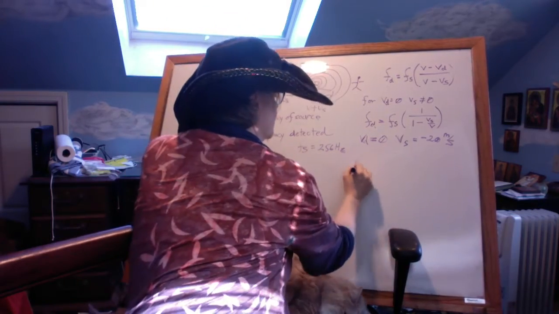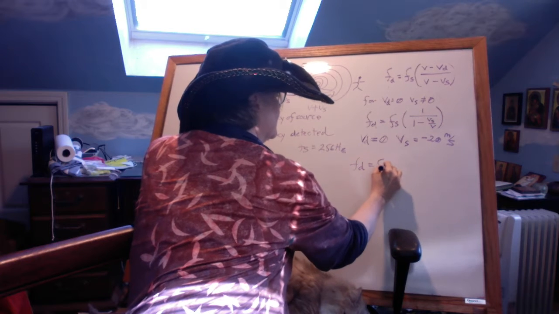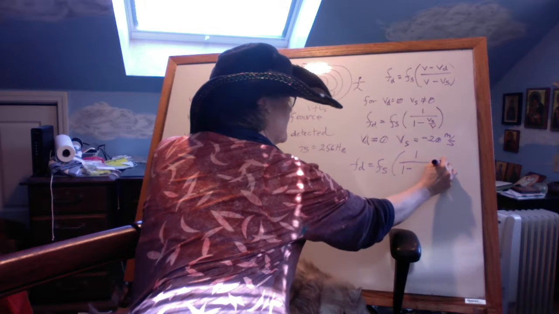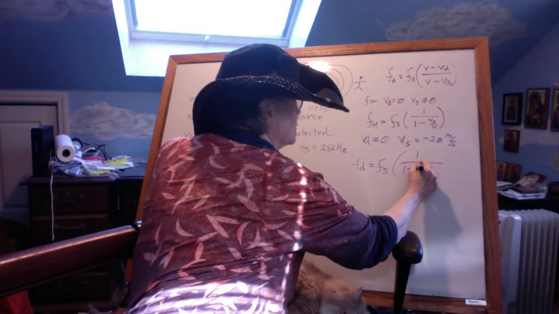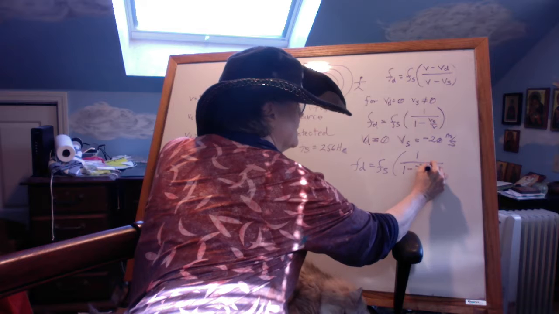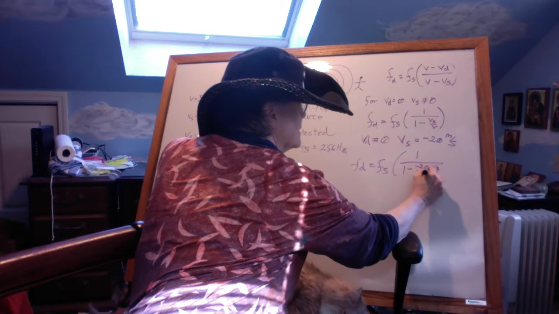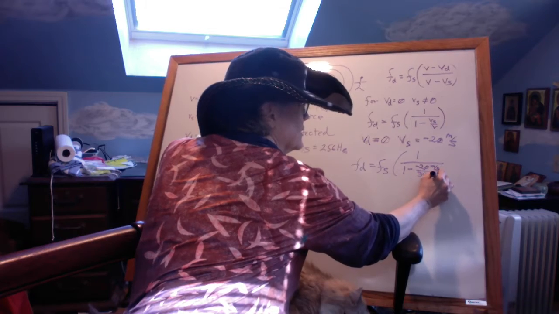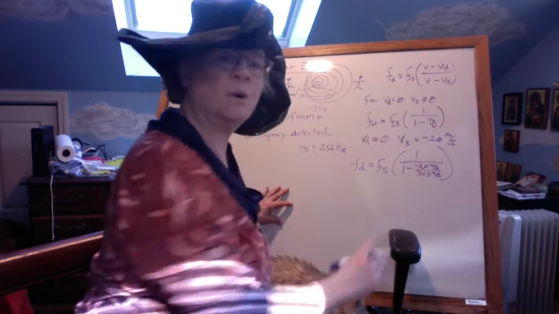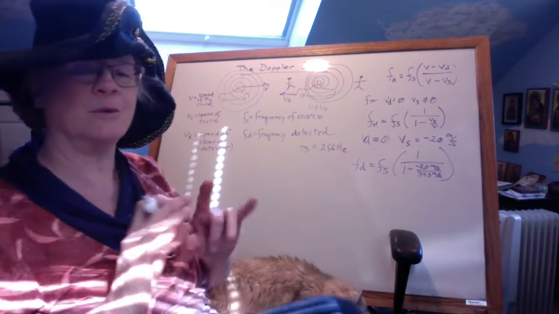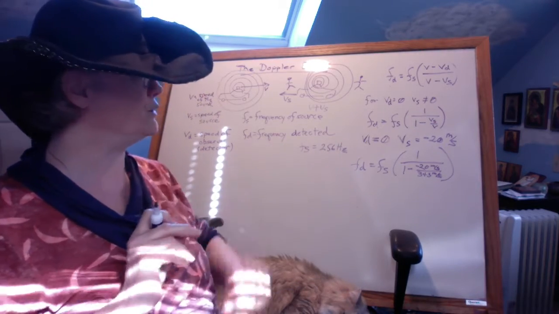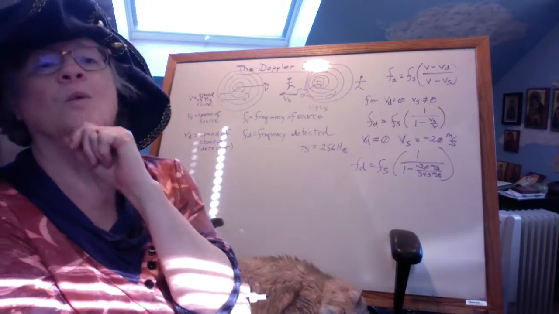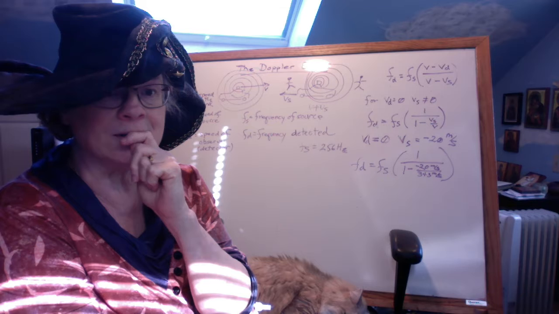All right, so what's the frequency we detect? Frequency of the source, 1 over 1 minus the velocity of the source, which is negative 20 meters per second, divided by 343 meters per second, which is the speed of sound. Okay? And before we go too much further, let me ask you about units. This is this big factor we multiply the frequency by, and what are its units?